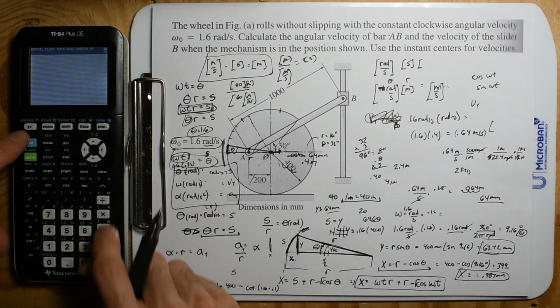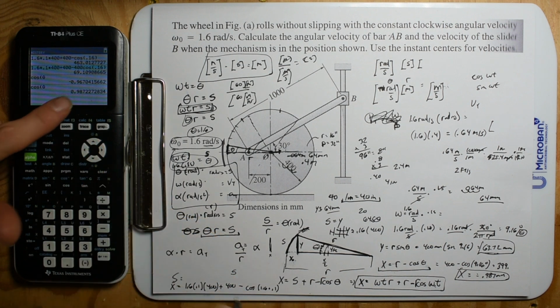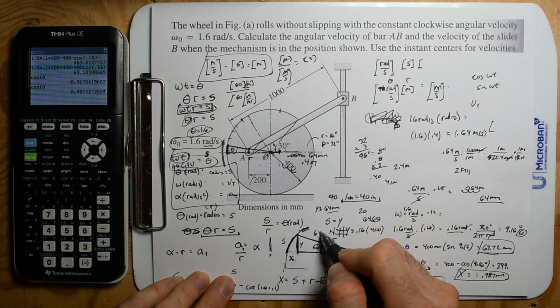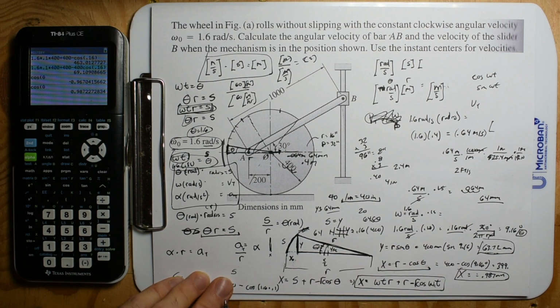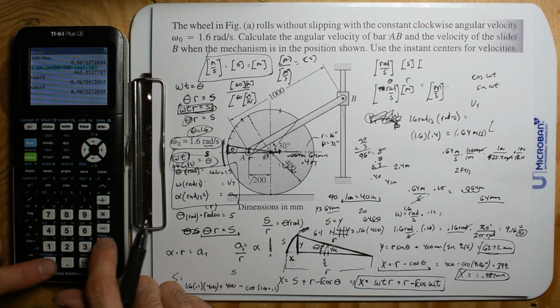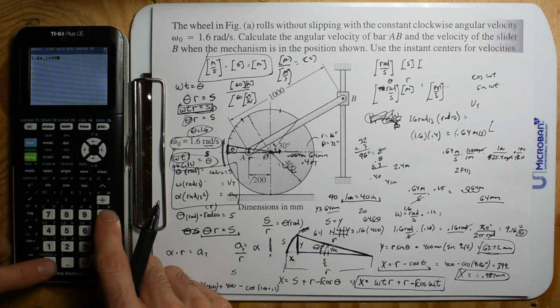All right, so what did we get? Yeah, we got 69. Cool. Because our arc length was about 64, and is that right? Our arc length was 1.6 times 0.1 times 400.